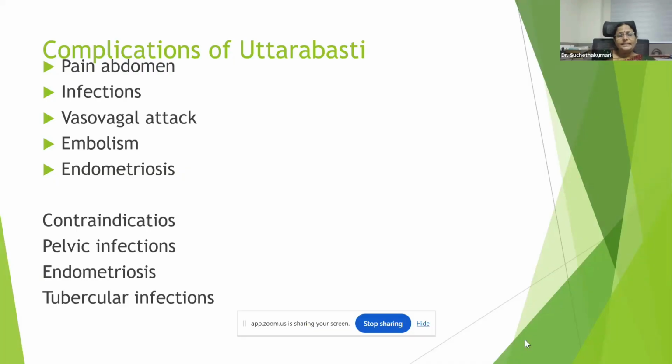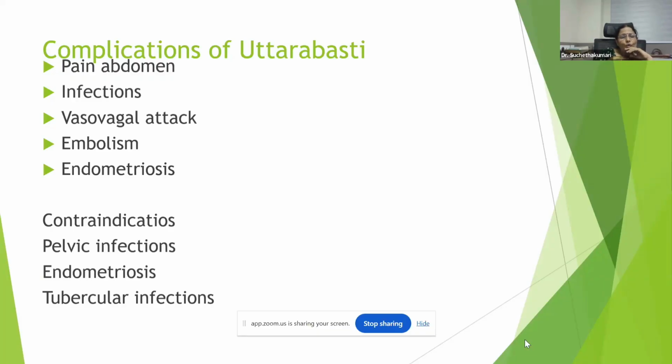Why are there chances of endometriosis? Endometriosis, as the name goes, is implantation of the endometrium in places other than the uterine cavity. So if any bit of endometrium is retained in the uterine cavity, when the Uttarabasti dravya is pushed into the uterus, the endometrium present in the cavity may enter into the tubes and get lodged there, and it may cause endometriosis.